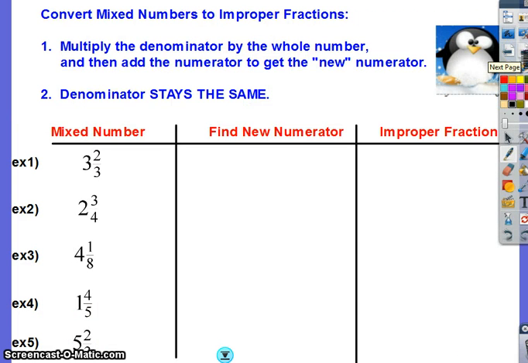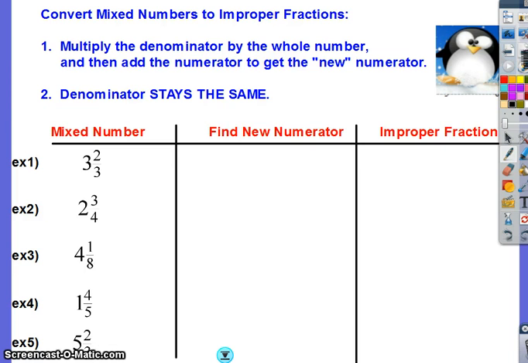Now, of course, you're not going to draw models all the time. So to convert mixed numbers to improper fractions, I'm going to show you a quick trick. First, multiply the denominator by the whole number, and then add the numerator to get the new numerator. Your denominators stay the same.